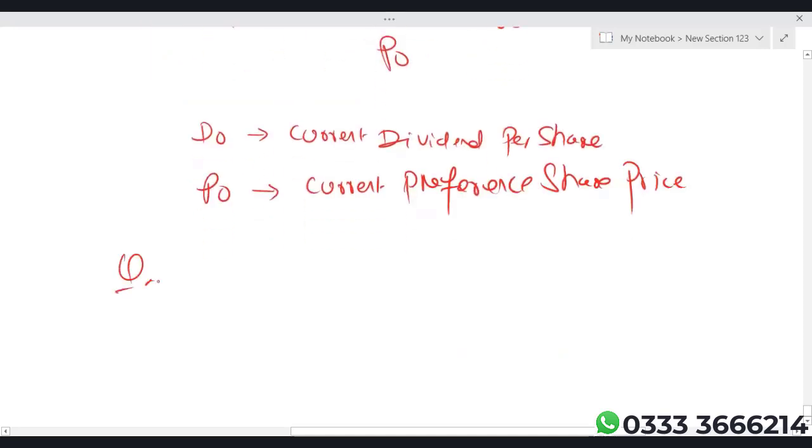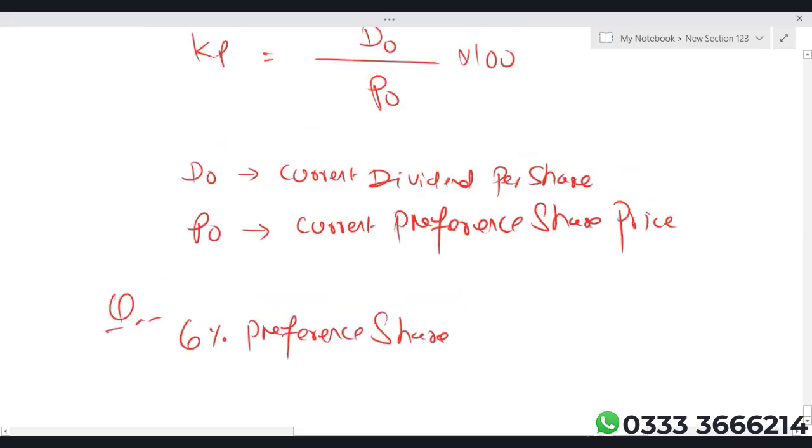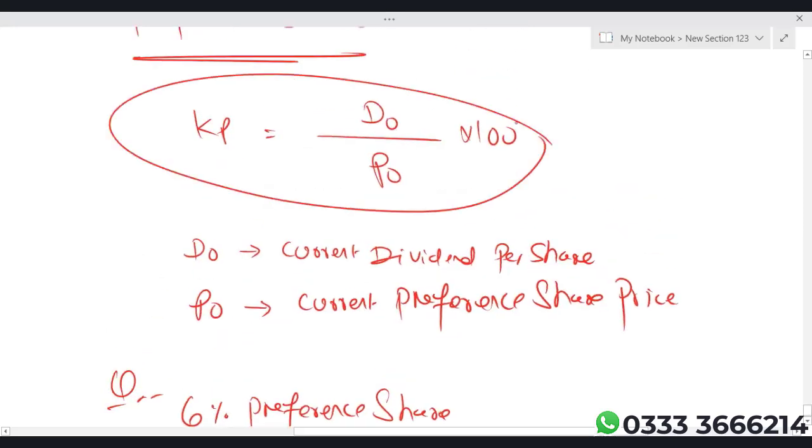For example, we have 6% preference shares. Nothing is mentioned. We always assume given preference shares are irredeemable preference shares. Logically, this formula is for irredeemable preference shares.